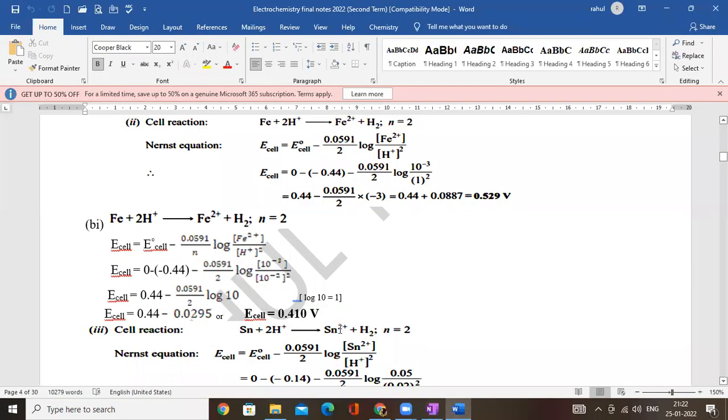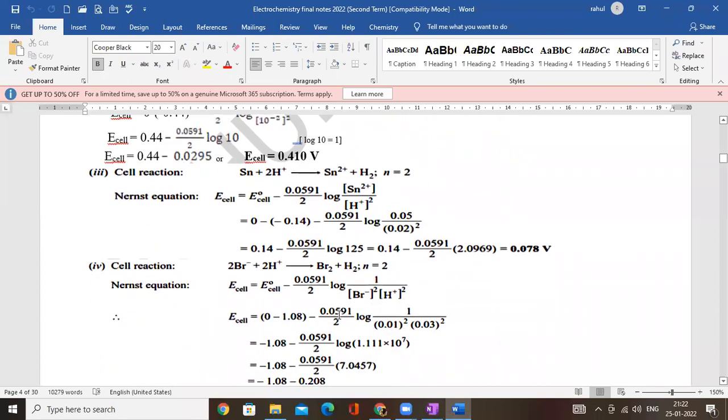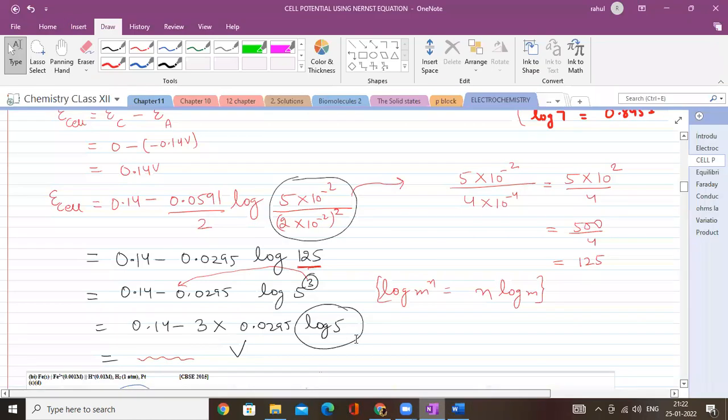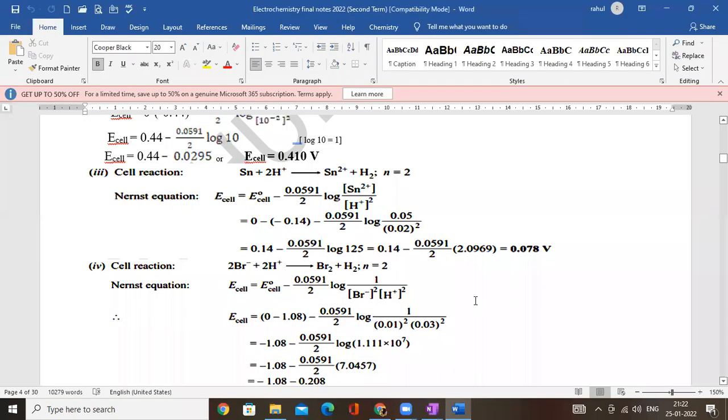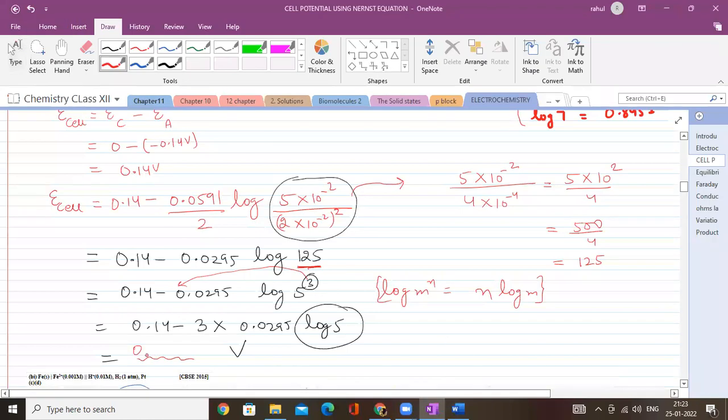As I said, I have already done this question for you, and it comes out to be 0.078. So the answer is 0.14 minus 0.078, which is 0.078. This is the answer that I will be getting, right?